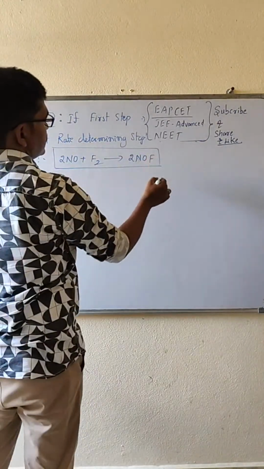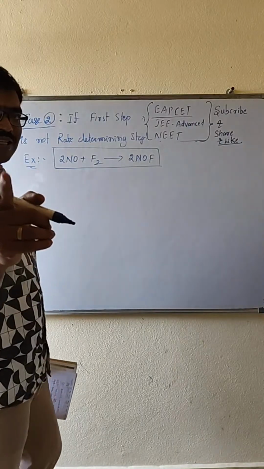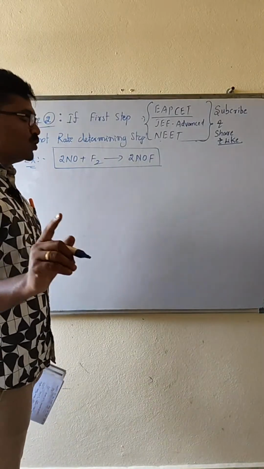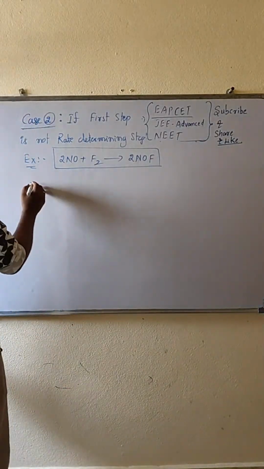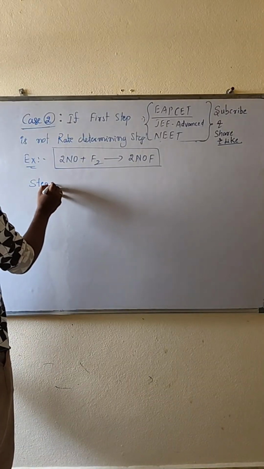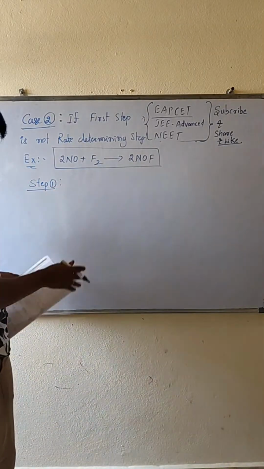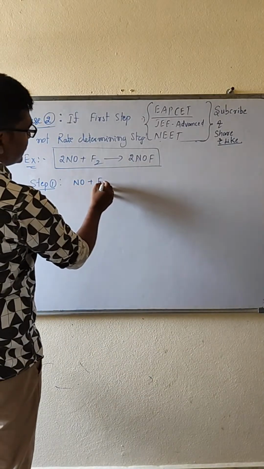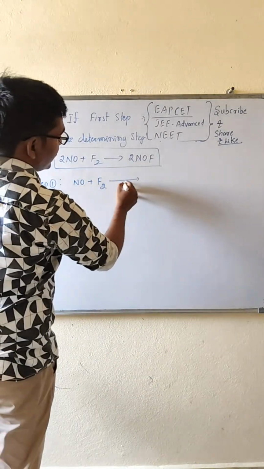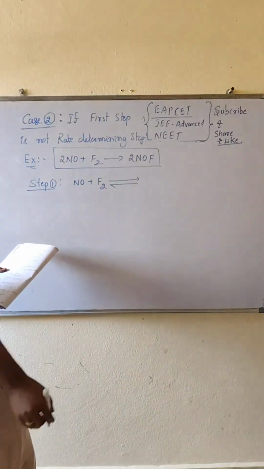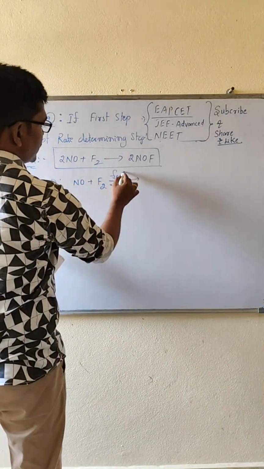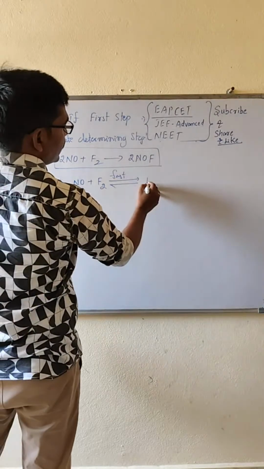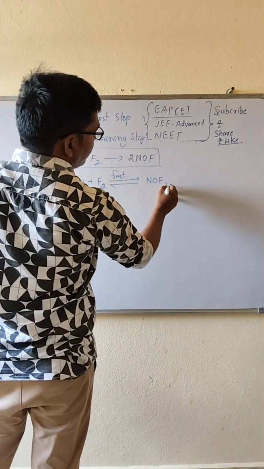Observe the reaction. This is a complex reaction. I told you that in complex reactions the reaction happens in more than one step. Taking step 1: NO plus F2 gives rise to NOF2. This is the first step mentioned.